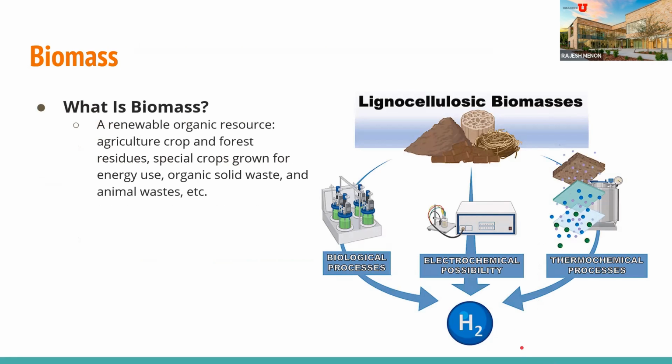There's three main processes that use biomass to create hydrogen. The first one, well, the first two, I won't cover too much in depth as they're fairly in research. The first one is mainly just using algae.